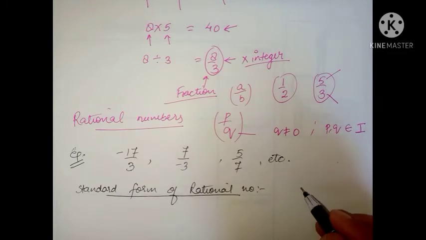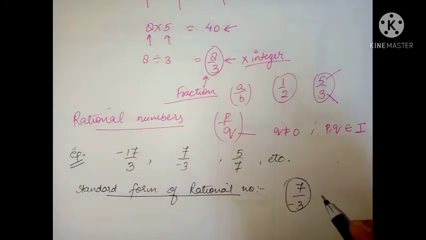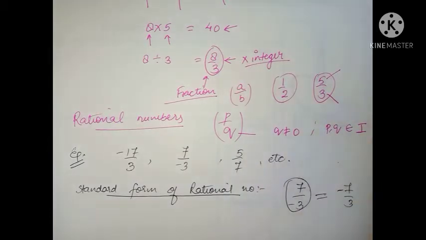Suppose it is written as 7 upon -3, you need to bring the minus symbol into the numerator, because in the standard form of a rational number, a negative integer is never written in the denominator. If someone asks you to write a number with a negative number in the denominator, you simply write it in the numerator, and that is called the standard form of a rational number.